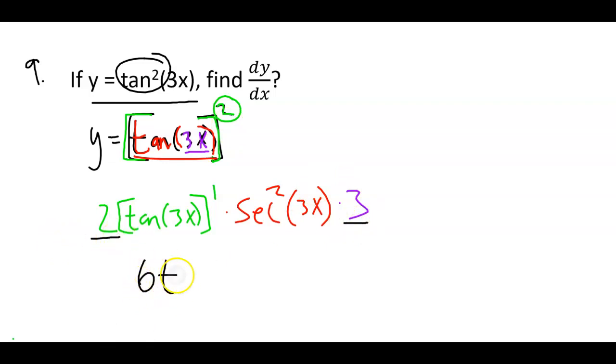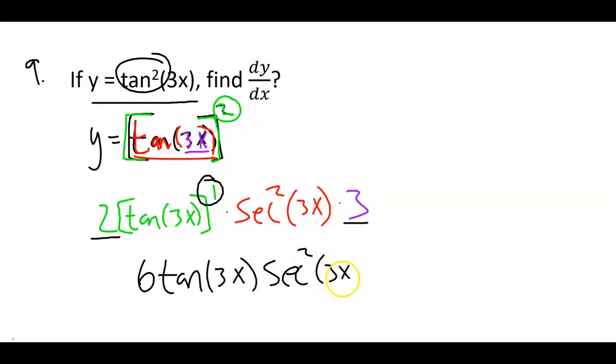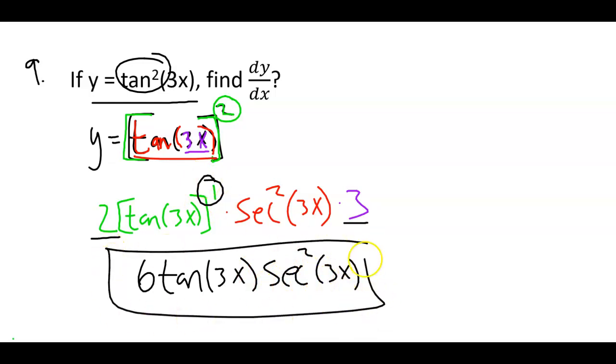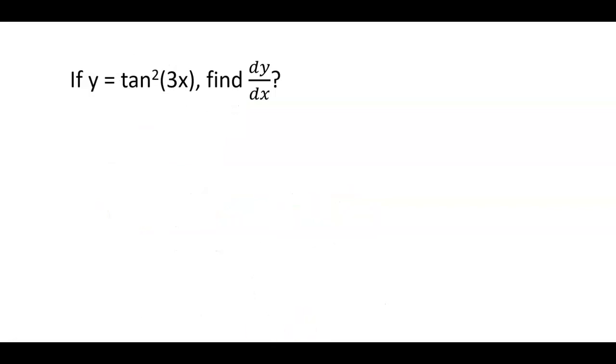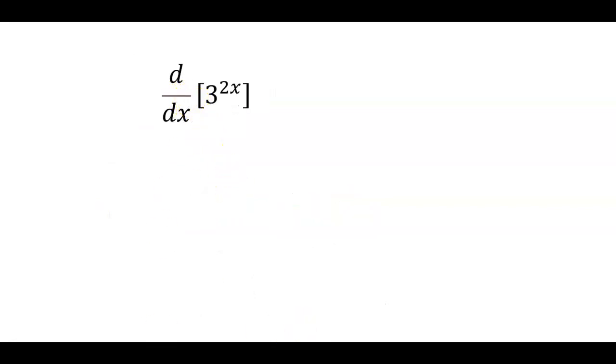So here's what your final answer should look like. We don't really need to keep the power of 1 because the power of 1 is negligible when writing it out. But there would be our final answer. So it's a double chain rule. We likened it to an egg back in the day when we did it. There's a shell, a yolk, and an egg white, right? Same thing there.